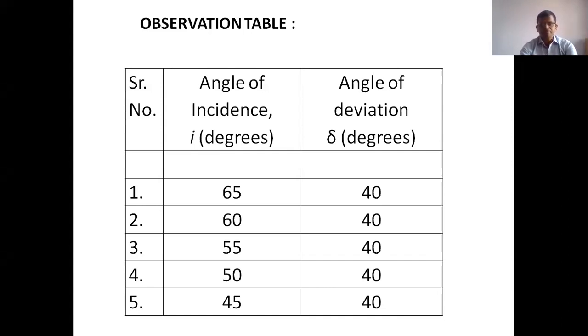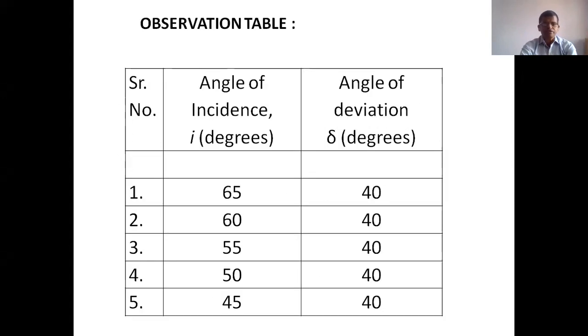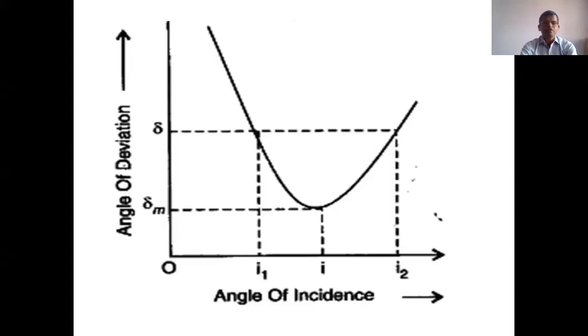But in the exam, whenever you show only one angle, the examiner will show it only one time, and you directly, with the help of calculation, draw the angle, no problem. After the table, we show here one graph of angle of incidence versus angle of deviation, and based on that we want the value of delta m.